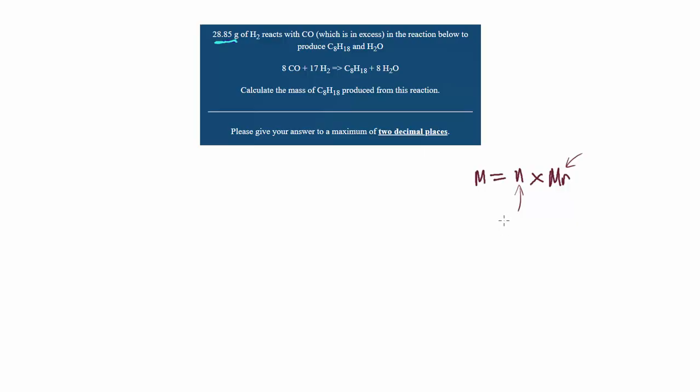We would need to rely on a pathway of using stoichiometry and moles calculations to get to what that value of the moles is. So that's what we're going to do.